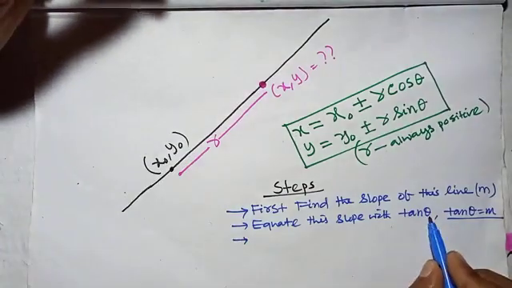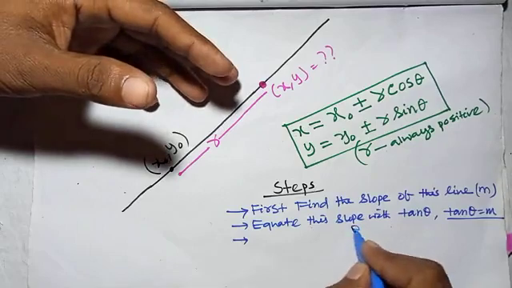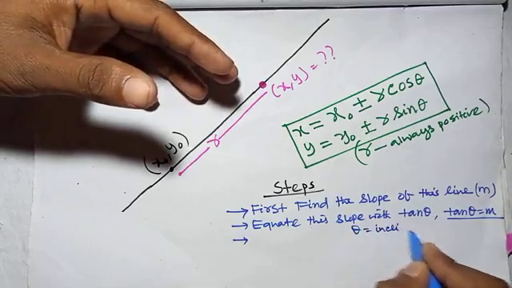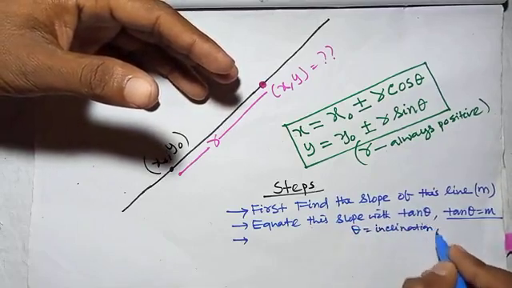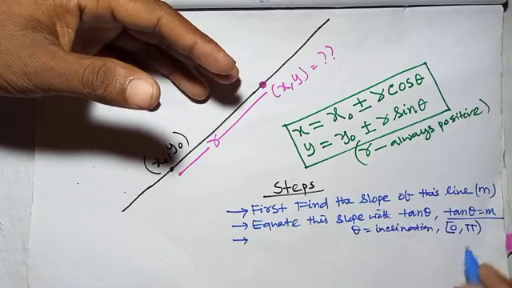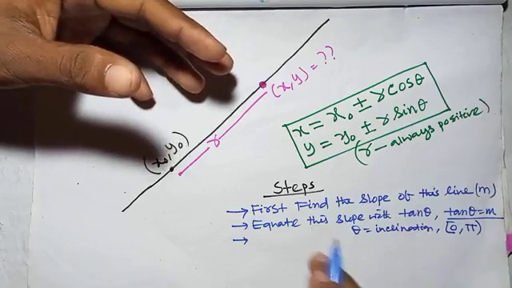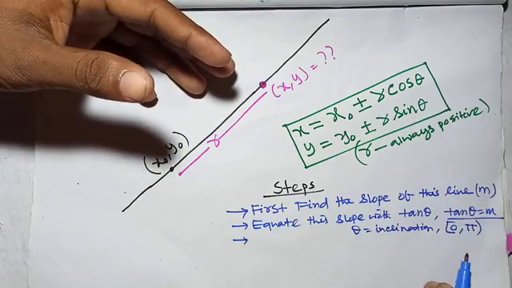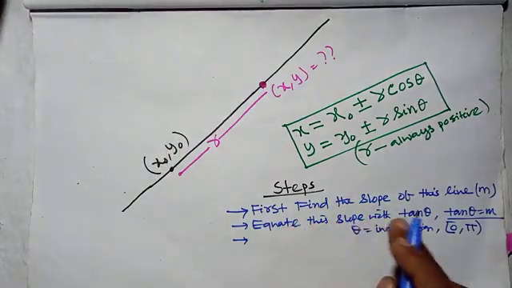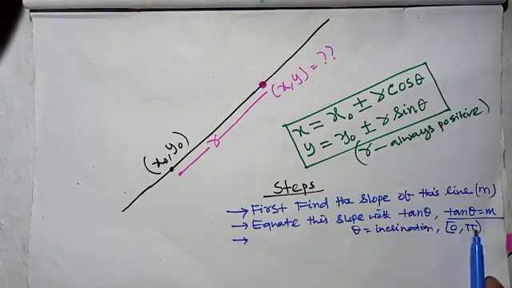Here theta is the inclination, whose value varies from 0 to pi, an interval including 0 but excluding pi. So first find the slope of this line, then equate it with tan theta, where theta is the inclination and it varies from 0 to pi, including 0 but excluding pi.